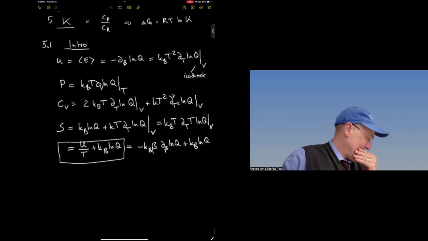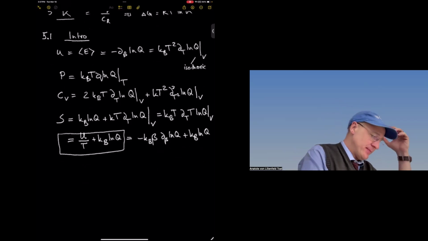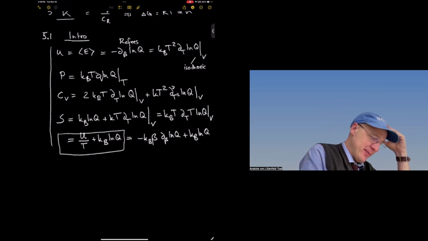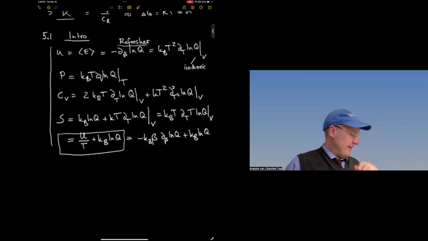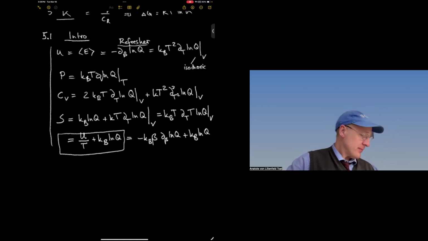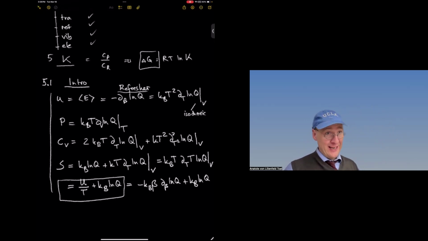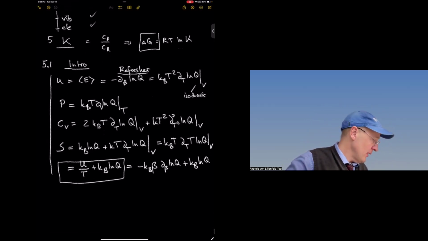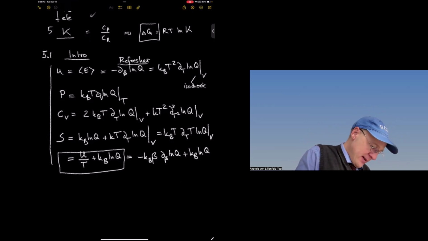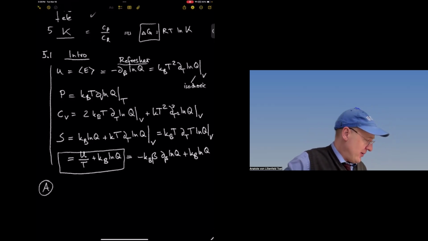So we started out by this refresher. And I'd like to go now, and that is directly related to this delta G, after the free energy, okay? So our first job is to get towards the free energy.